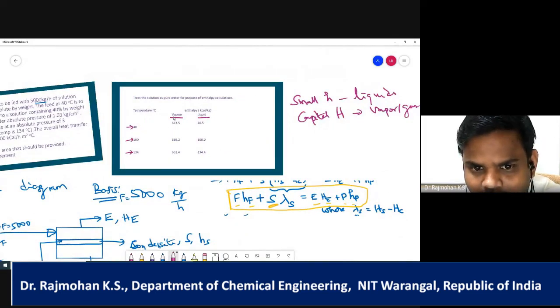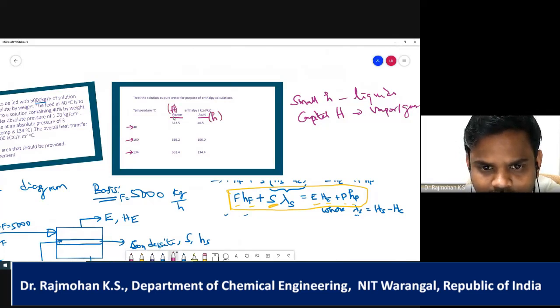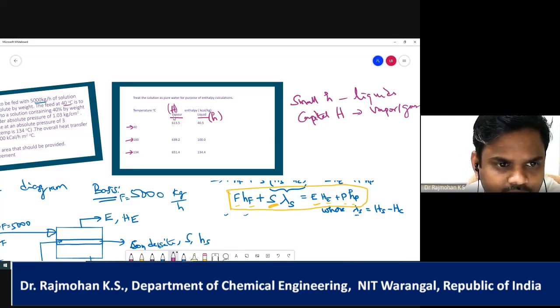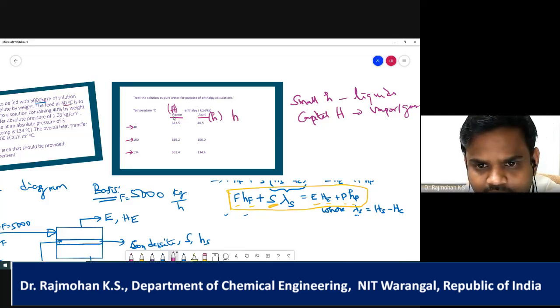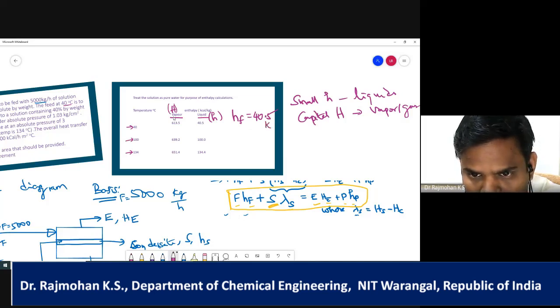For vapor, capital H. This is small h. So now correspondingly what we want is HF. HF is at 40 degrees Celsius. The feed is at 40 degrees Celsius. So we can write HF equal to 40.5. Any doubt in this? HF equal to 40.5 kilocalories per kg.